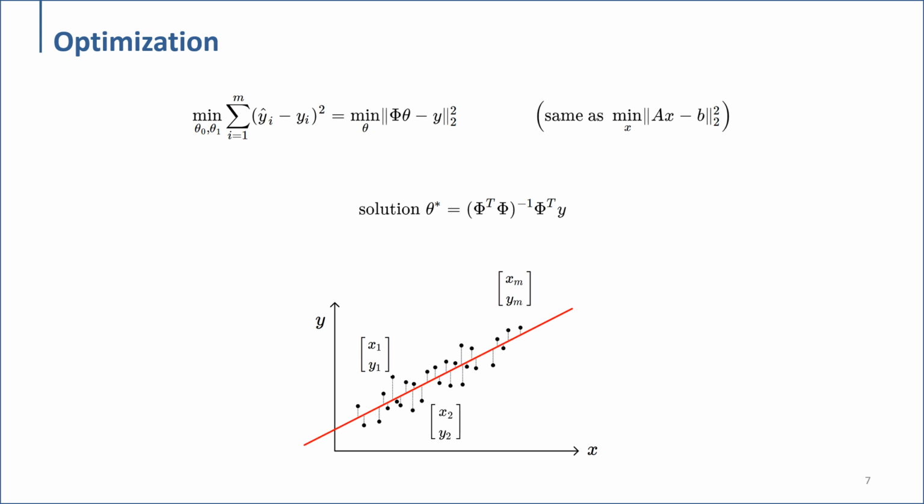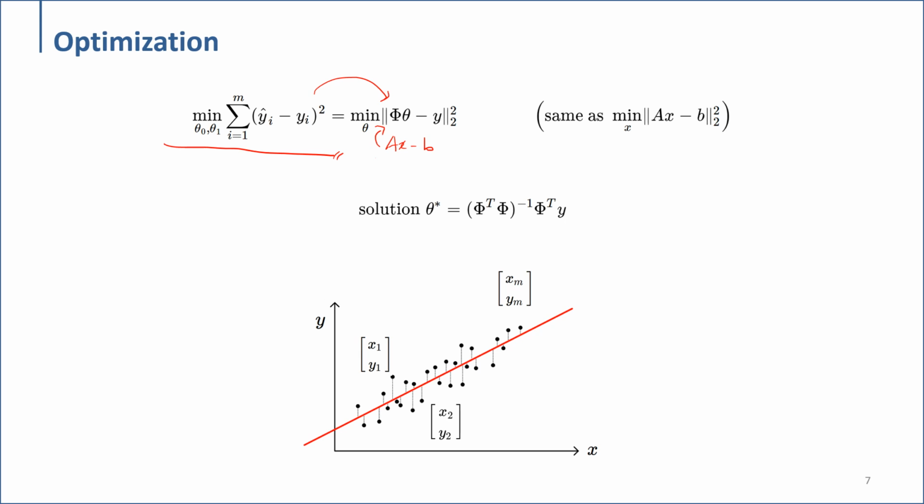So in summary, this optimization problem can be rewritten as minimizing the norm of Ax minus b, which is phi theta minus y.